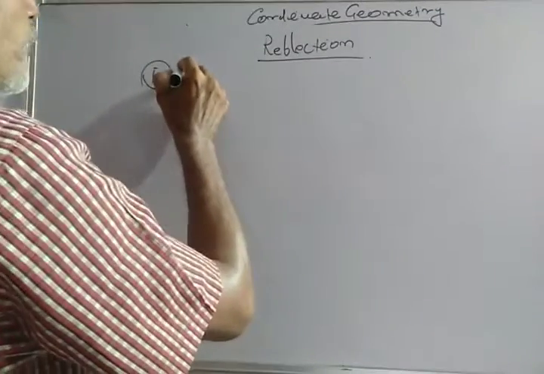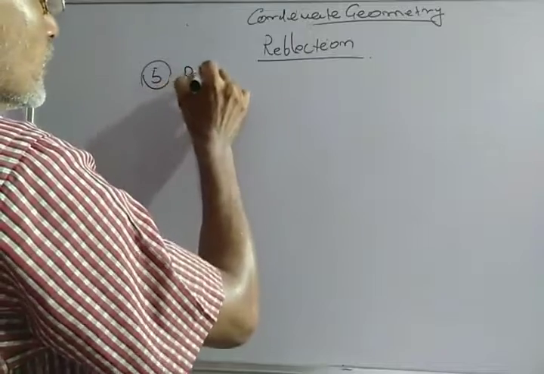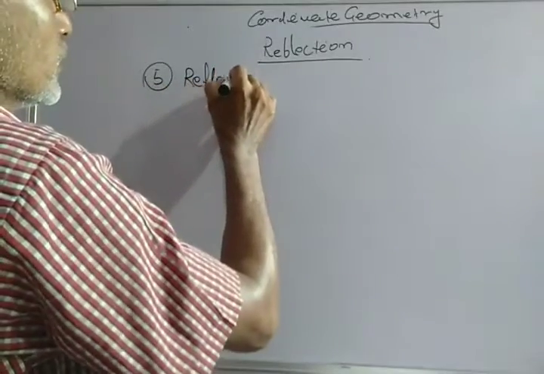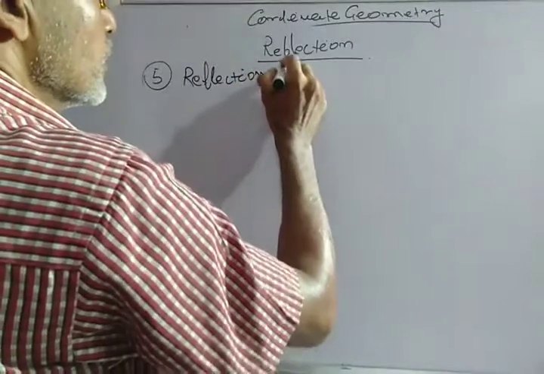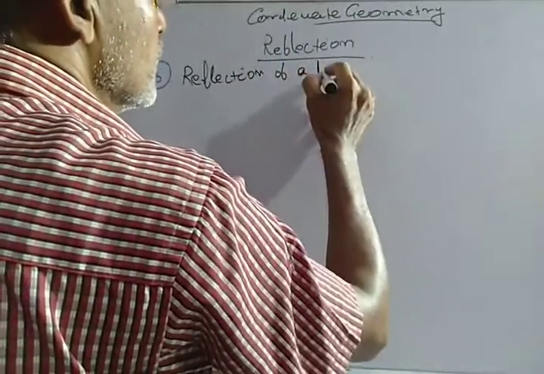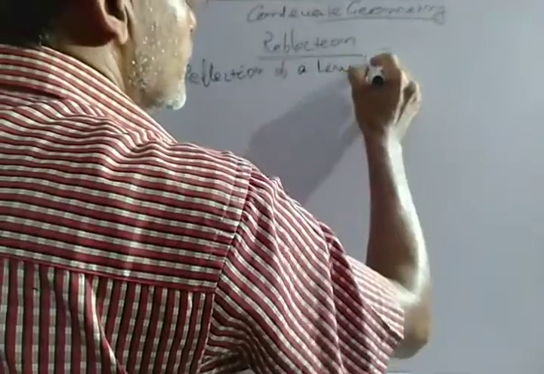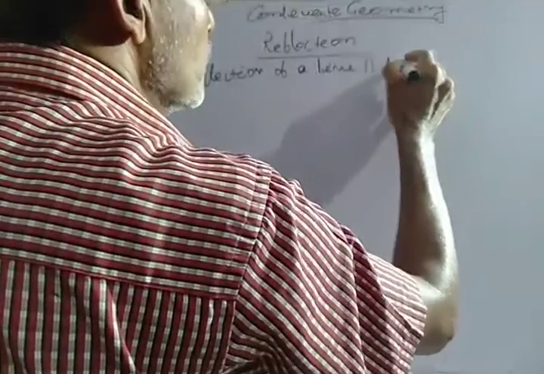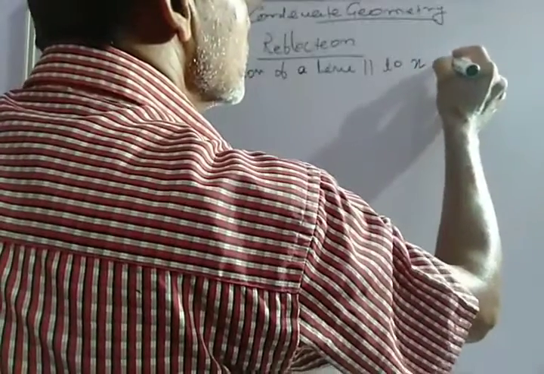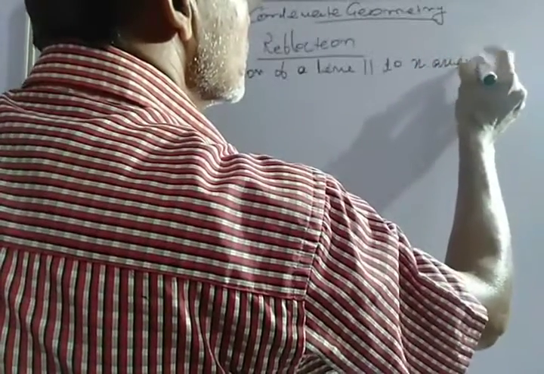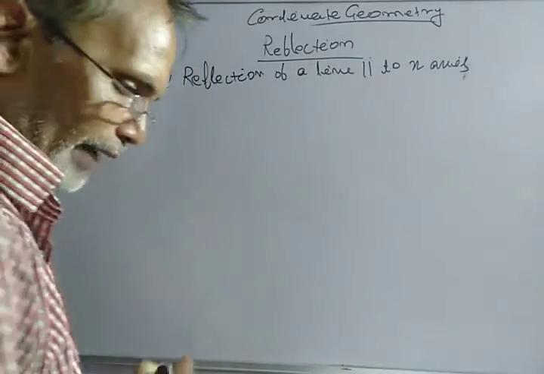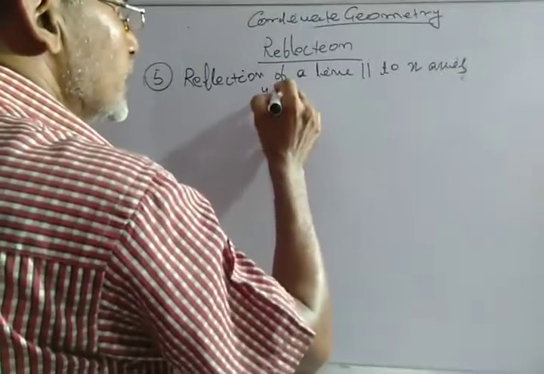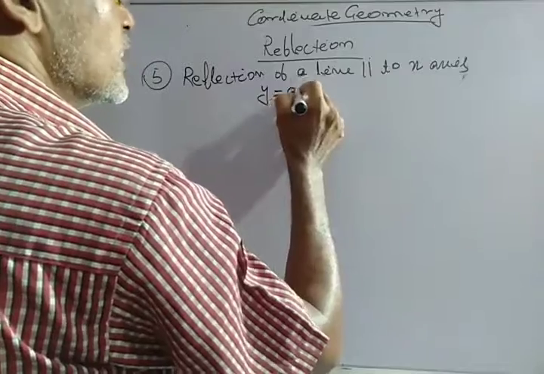Number 5, reflection of a point in a line parallel to the x-axis, that is y equals a.